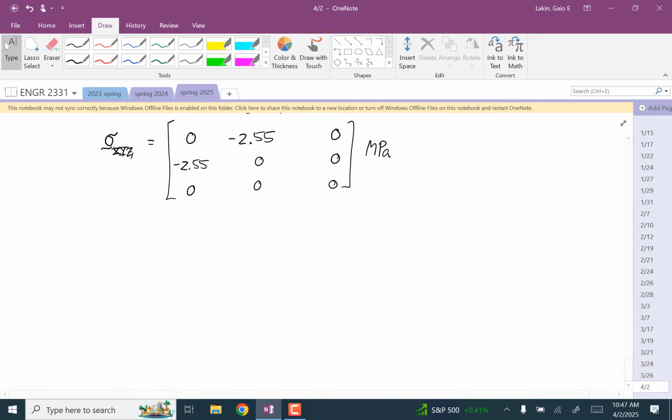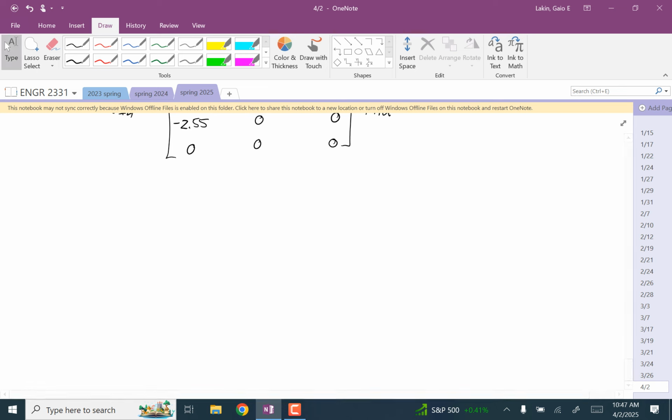And now you have to think, what rotation of the coordinate system do we need to go from this to this? 180 about x. Yeah, that's right. 180 or negative 180.